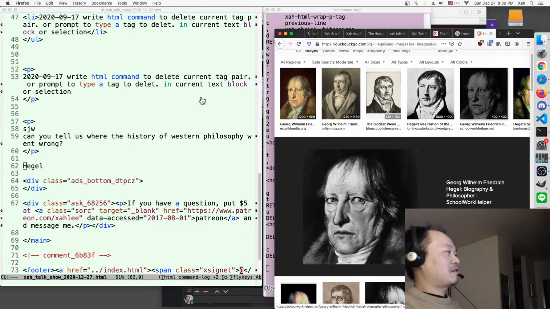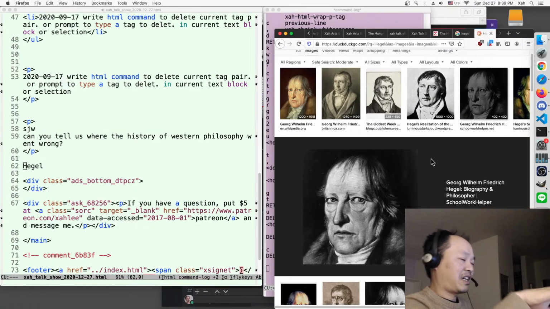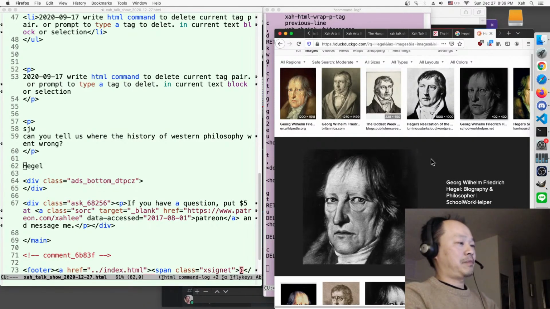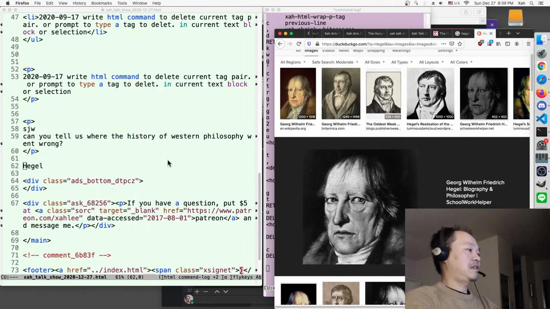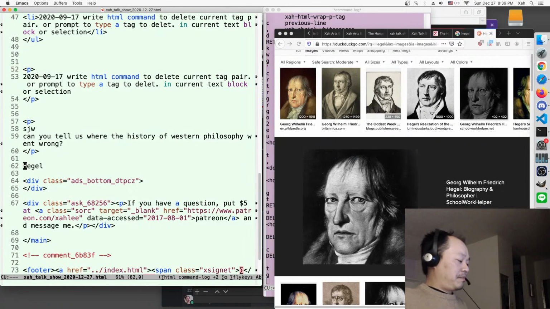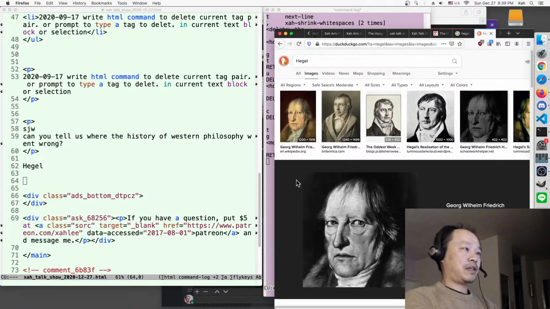So next time you see someone say Hegel's philosophy is difficult to understand, you might think maybe you need to study more. No, not really. It's pure bullshit, using language to jumble things up. Take the word from me. So that's Hegel.